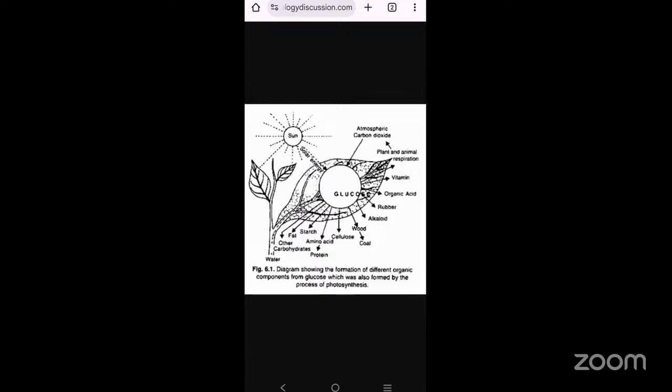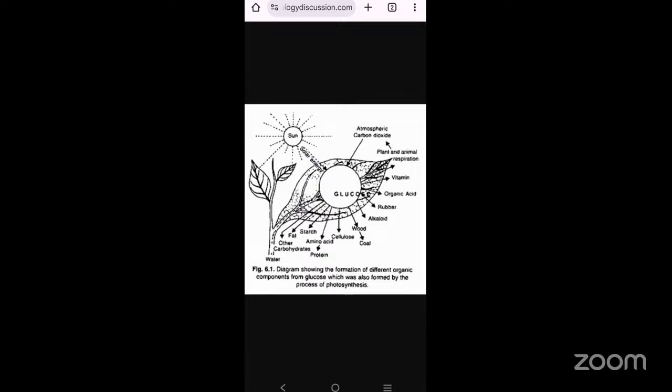The process of photosynthesis is unique to green and other autotrophic plants. It synthesizes organic food from inorganic raw material. All the animals and heterotrophic plants depend on the green plants for their organic food.